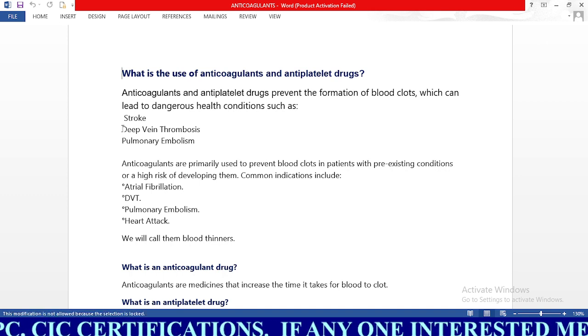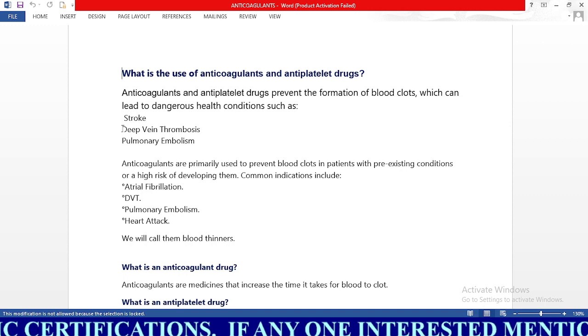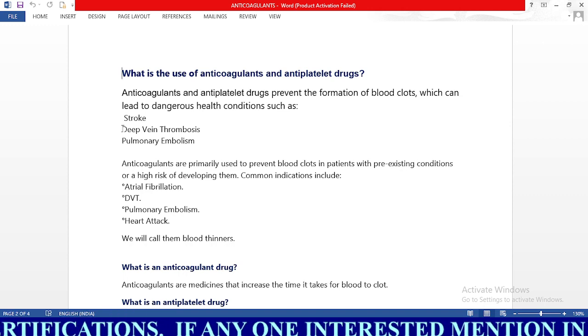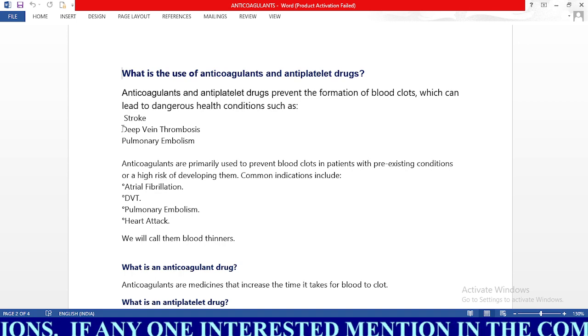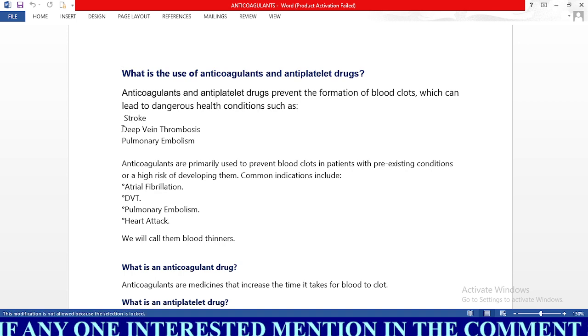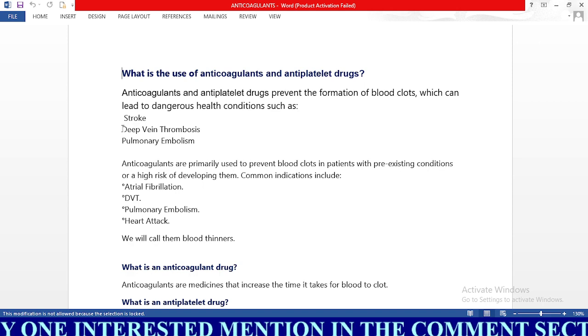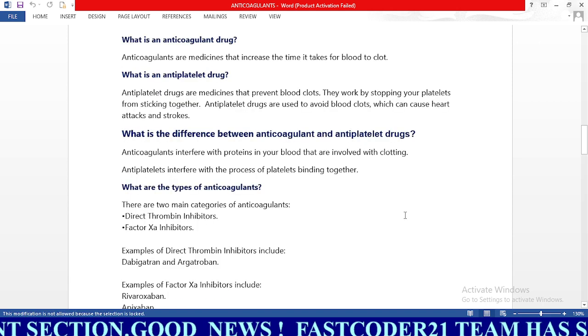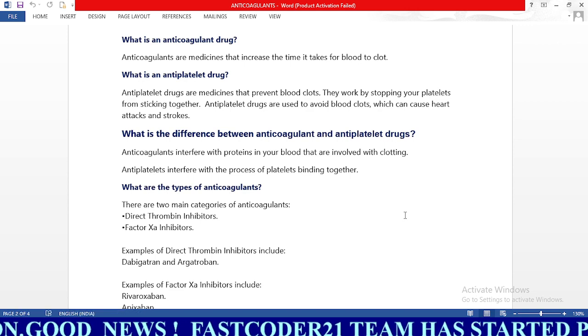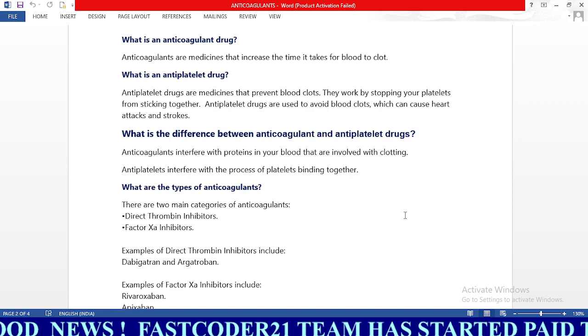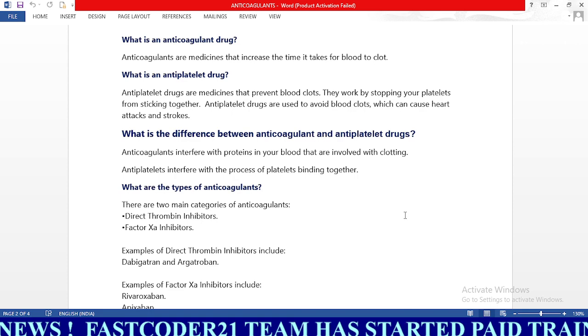The common name for anticoagulants and antiplatelet drugs is blood thinners. They promote free flow of blood in the arteries. So what are anticoagulant drugs? Anticoagulants are medicines that increase the time it takes for blood to clot.